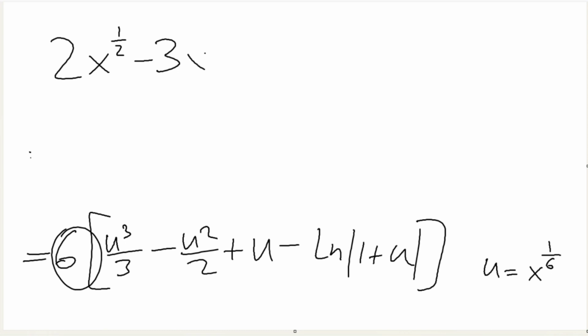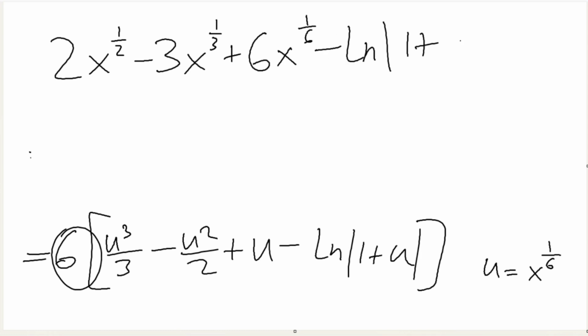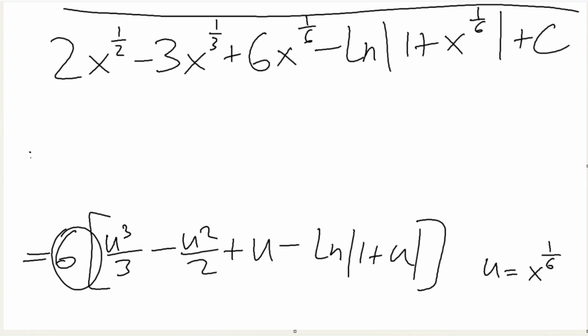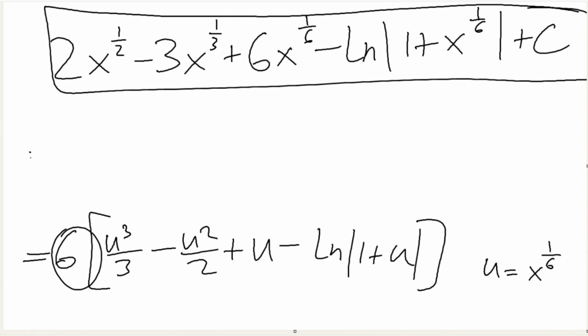U squared, that's 1/3. And then plus 6 x to the power of 1/6 minus ln of 1 plus x to the power of 1/6. And this would be your answer.